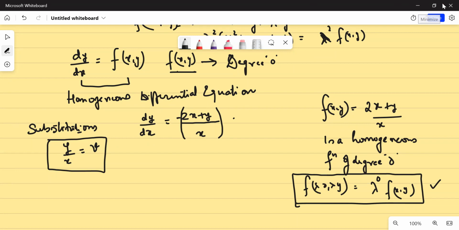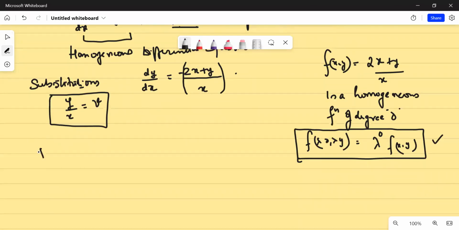Okay, so let us do a question that was asked in TIFR examination in physics only.